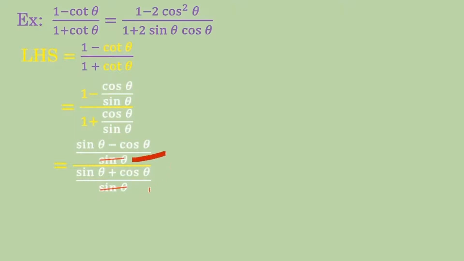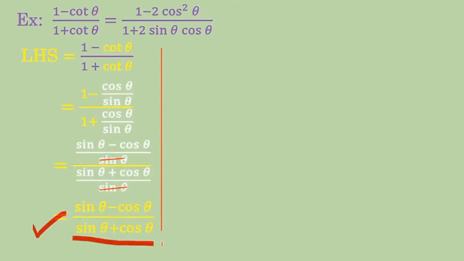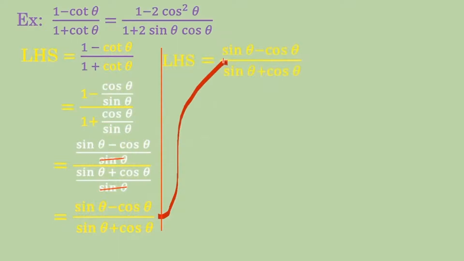Here sin theta cancels out, leaving us with left hand side equal to sin theta minus cos theta upon sin theta plus cos theta. For convenience, we may rewrite this step again. To balance the fraction, we may use the conjugate multiplication.